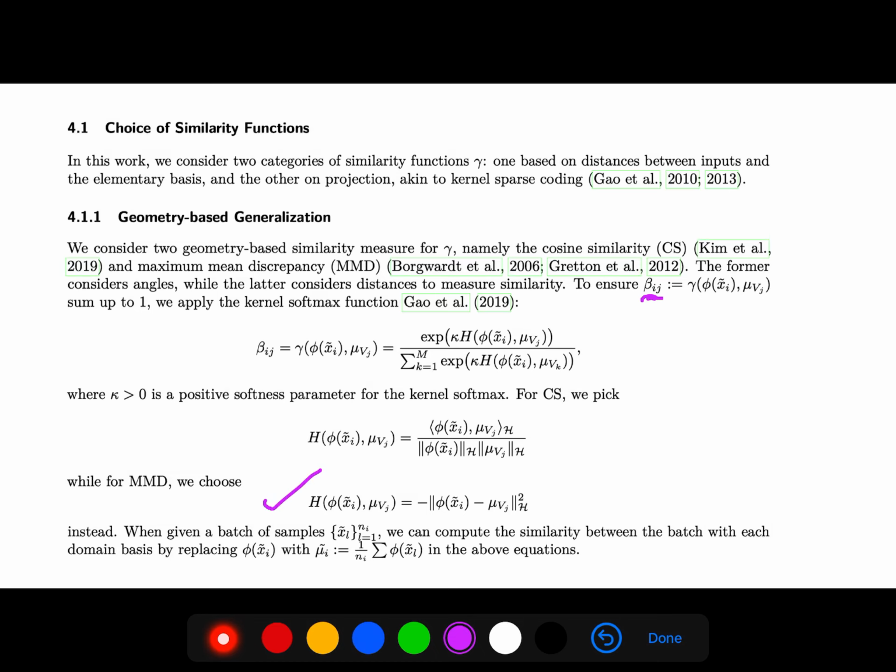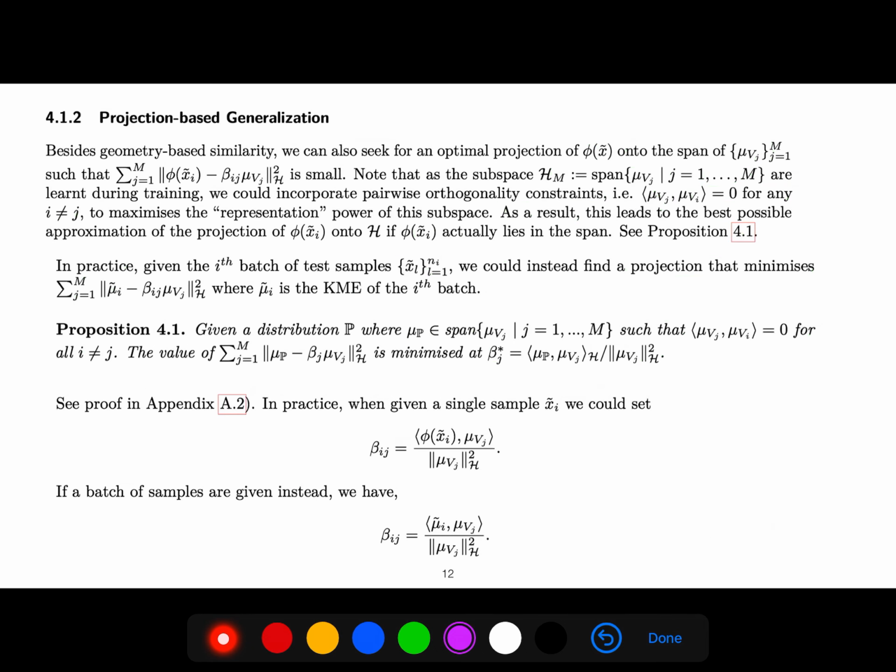When given a batch of samples, we can compute the similarity between the batch with each domain basis by replacing phi of x tilde with the mean. Besides geometry-based similarity, we can also seek for an optimal projection of phi onto the span of these means, such that the distance between the phi and beta mu is small.